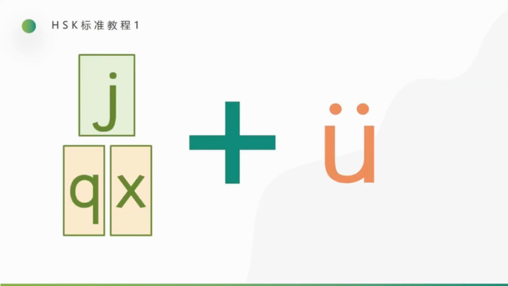Okay, this is the tone of 不. Let's look at this one. When yu or a final beginning with yu follows ji, qi, xi, the two dots on the top of yu should be removed. We should say goodbye to these two dots because u cannot be used after ji, qi, xi.